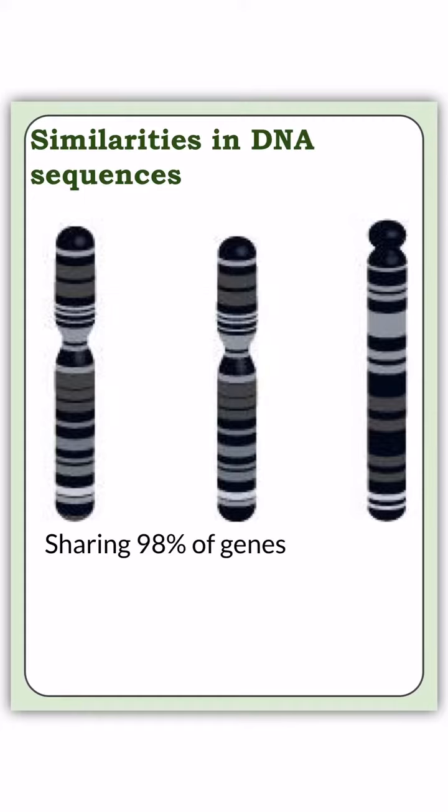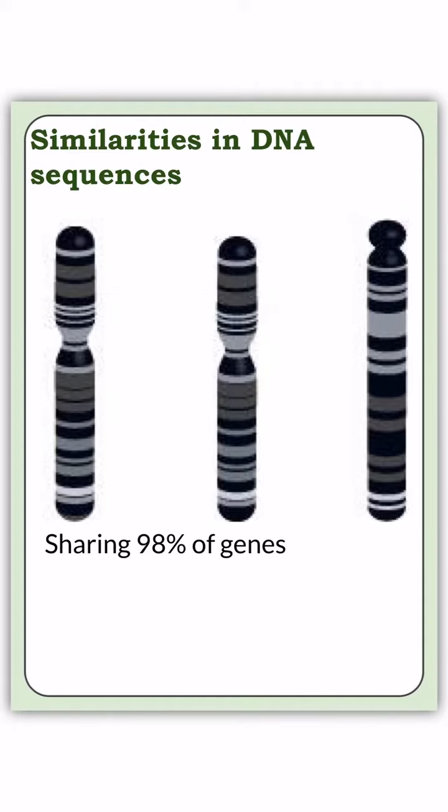They share about 98% of their genes, so 98% the same. And obviously that approximate 2% is pretty different. There are significant differences between a human and a chimpanzee, but they certainly have a lot more in common than what is different.